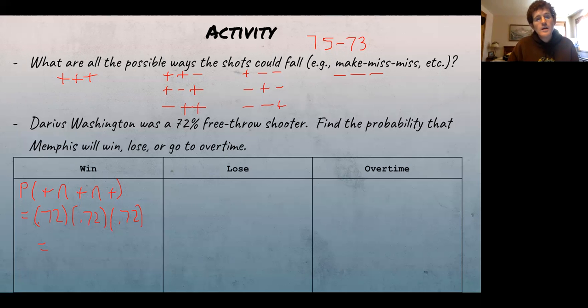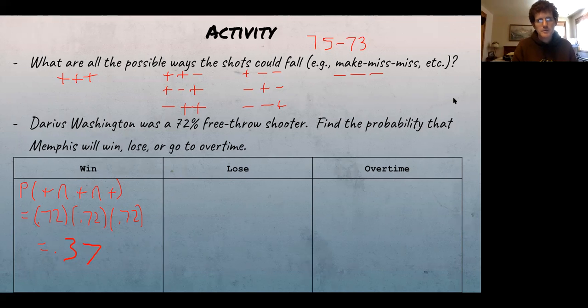Feel free to write that on the screen. There it is, 0.37 essentially. It's got some more precision, but 0.37 works for our purposes.